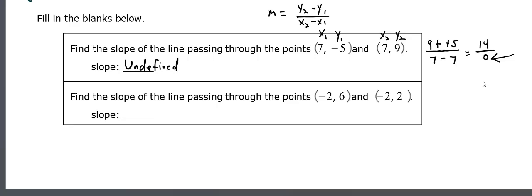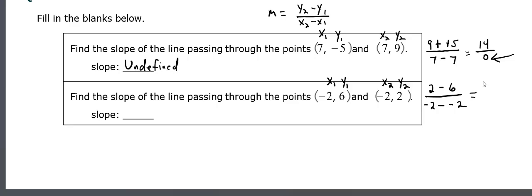For the second example, again, we label x sub 1, y sub 1, x sub 2, y sub 2, and plug those values into our formula. So y sub 2 is 2 minus y sub 1, which is 6, over x sub 2, which is negative 2, minus x sub 1, which is also negative 2.